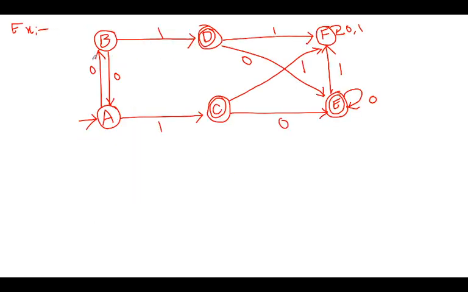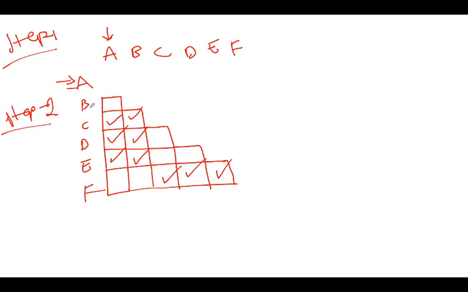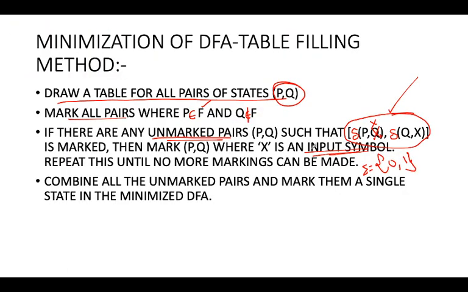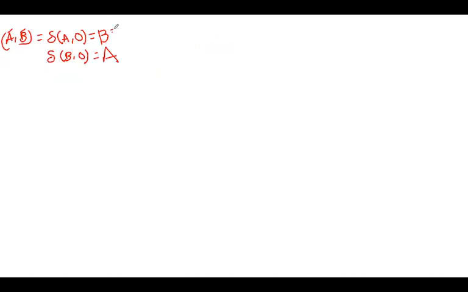B comma 0 goes to A, then write A here. Now observe this BA in the table column. If BA is marked, then mark P comma Q. If it is unmarked, then skip it.